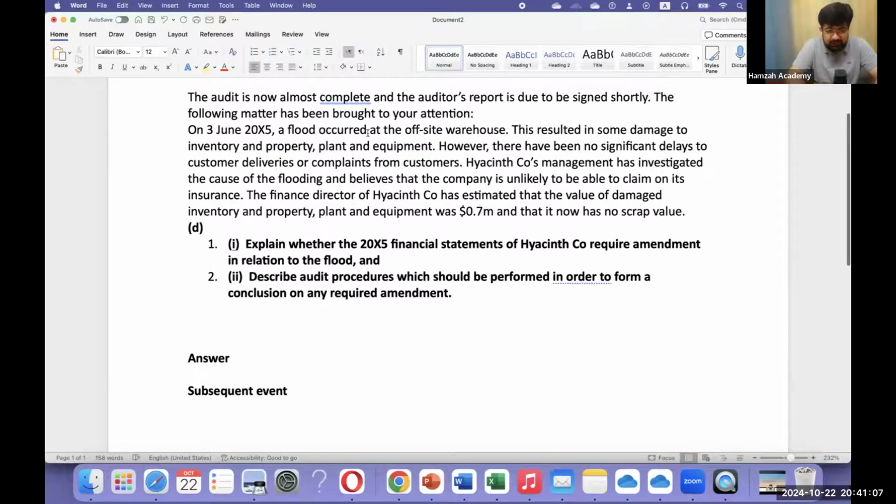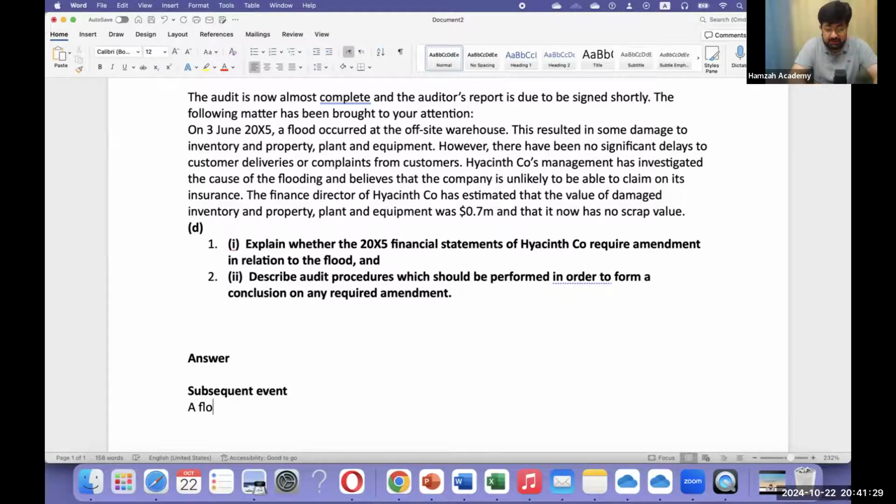They say that the flood occurred on 3rd June. Now, what was the year end? The year end is 30th April in the scenario. April, May, and June.